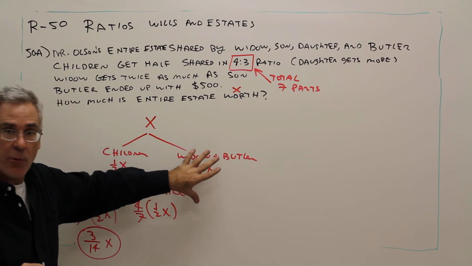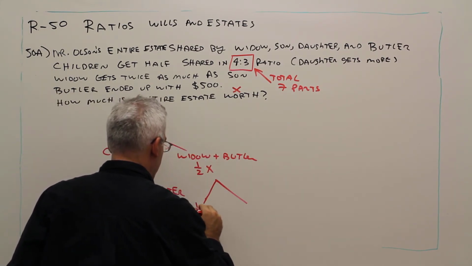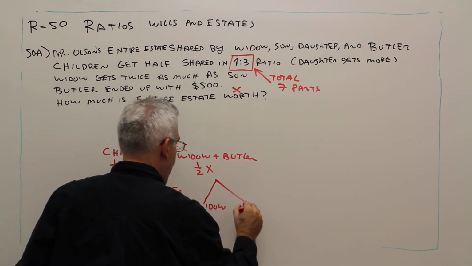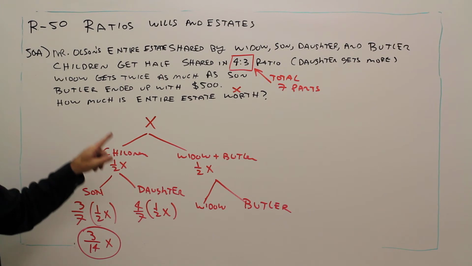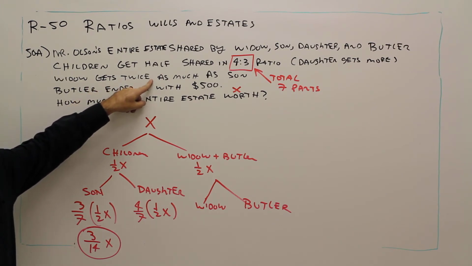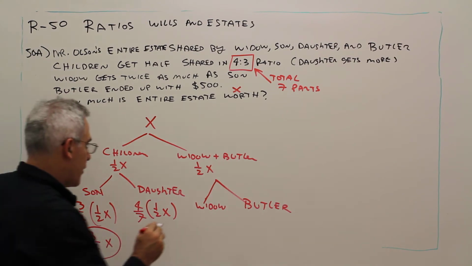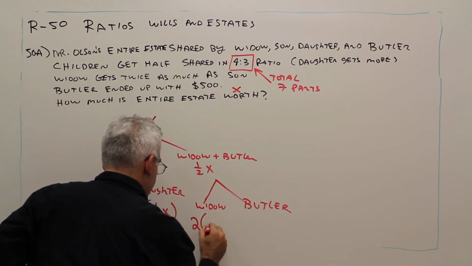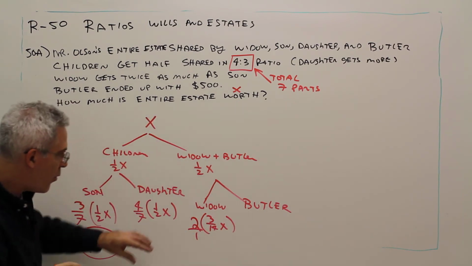All right, so now I'll work on this side. I'll branch out. I'll have the widow, and I'll have the butler. And it said the widow is getting twice as much as the son. So if the son is getting 3/14 X, the widow is getting twice 3/14 X. I'll write it as 2/1.